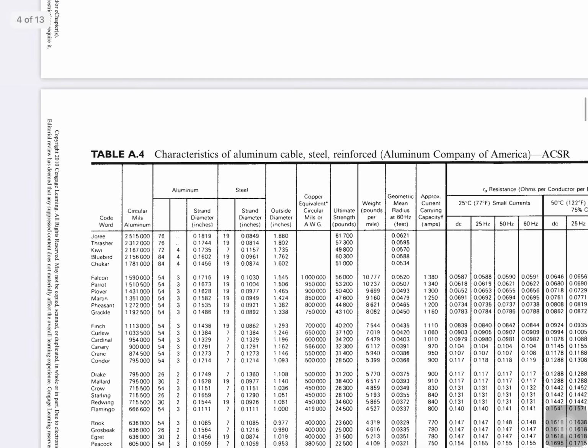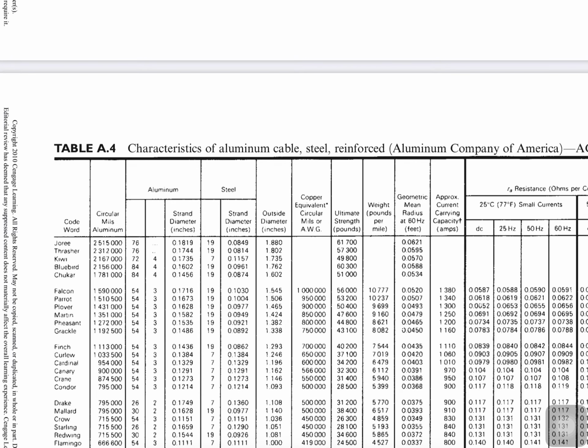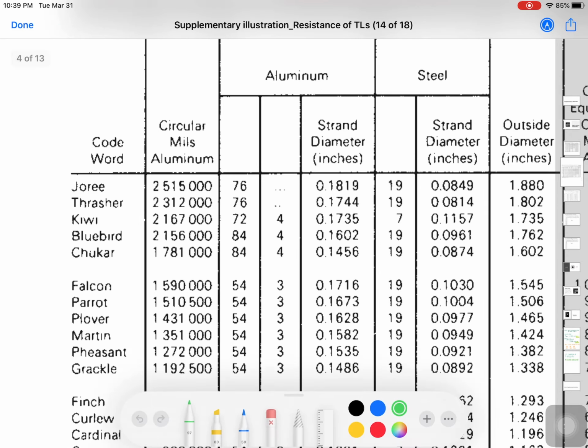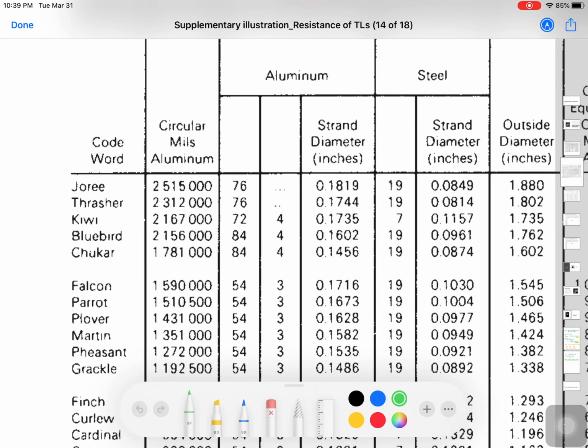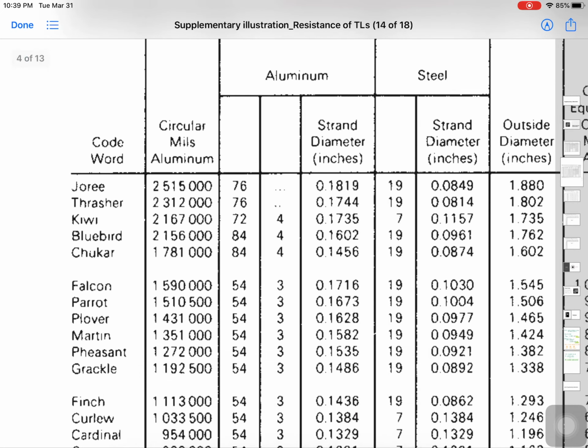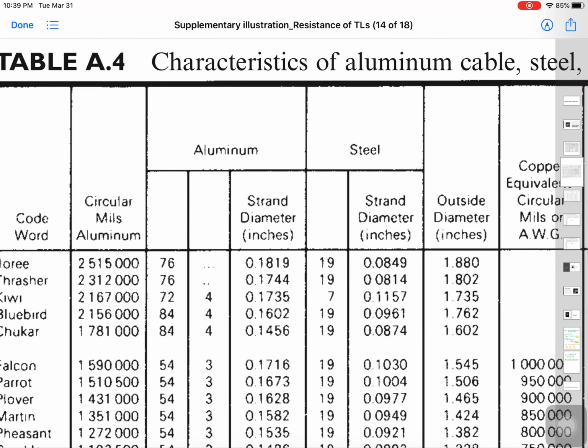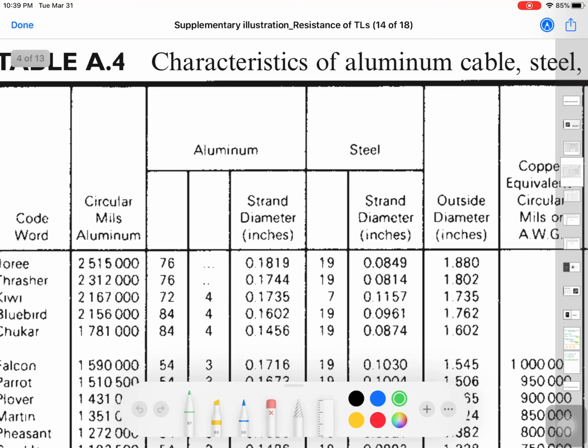And table 8.4, this is for ACSRs. Okay, so there is this code word shown here, and also the area in circular mils. Since this is ACSR, this table is showing how many strands and layers of aluminum there are.